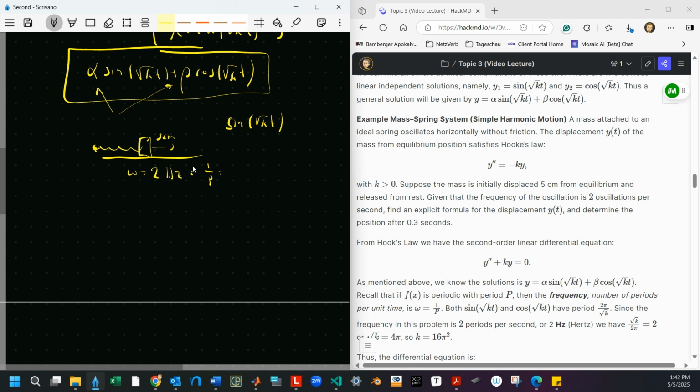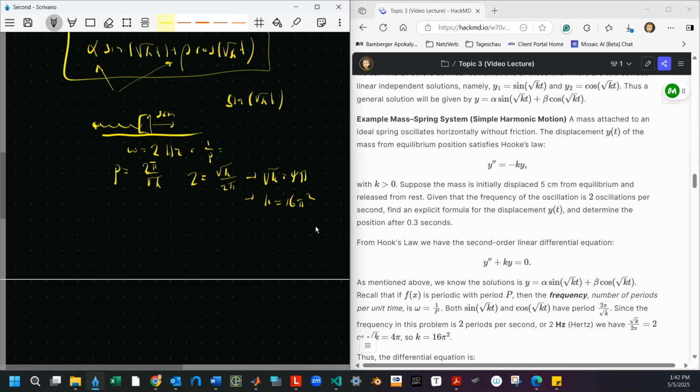So the period here is 2 pi over square root of k. Here we're getting 2 is 1 over that, so square root of k over 2 pi. And so square root of k is 4 pi. Okay, so k is equal to 16 pi squared.